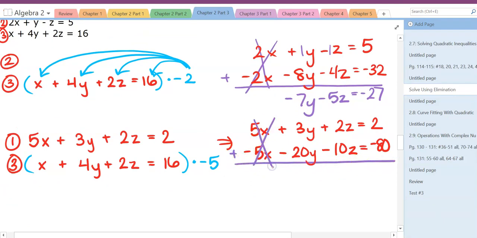My x's cancel, which is what I want to see happen. You want to get those same variables that you canceled before to do it again. So 3y plus negative 20y is going to be negative 17y. 2z plus a negative 10z is negative 8z. And then 2 plus negative 80 is going to be negative 78.